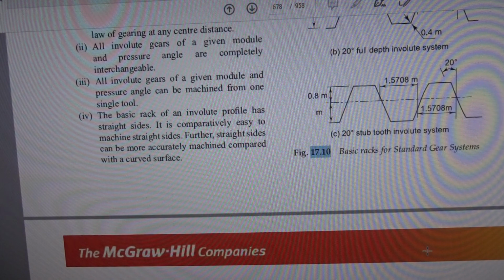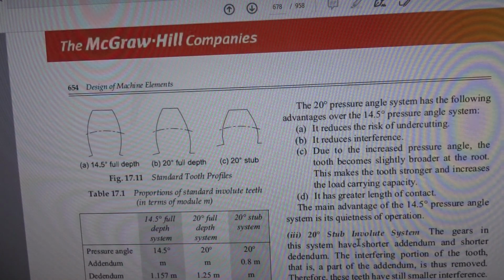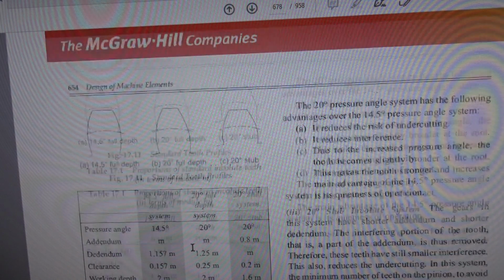This is for the rack system. For the gear, the 14.5 degree full depth, 20 degree full depth and 20 degree stub are shown in the figure. The pressure angle relations are given.